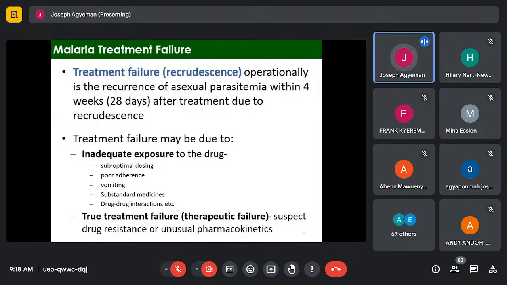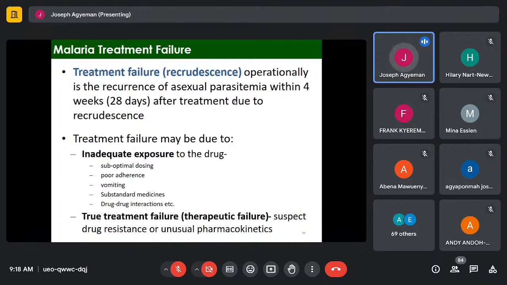And in recrudescence, the same malaria, the same infection that you are treating will bounce back and harm you. Reinfection is a whole new bite. And that one wouldn't normally, the signs and symptoms wouldn't normally bounce back within 28 days after treating the first episode.